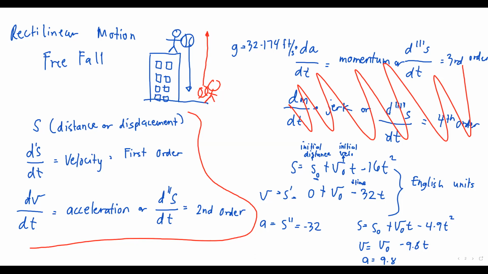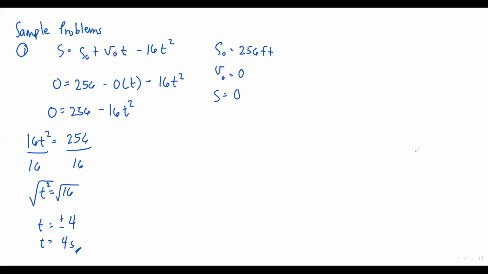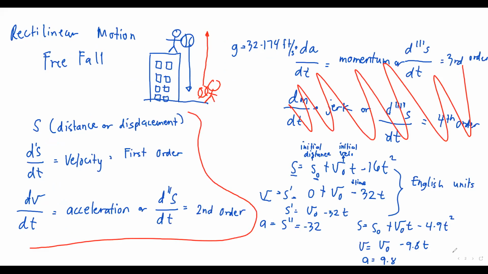Kung makalimutan yung mga may O na subscript, tinatawag natin siyang initial value. So S0 is initial distance, V0 is initial velocity.